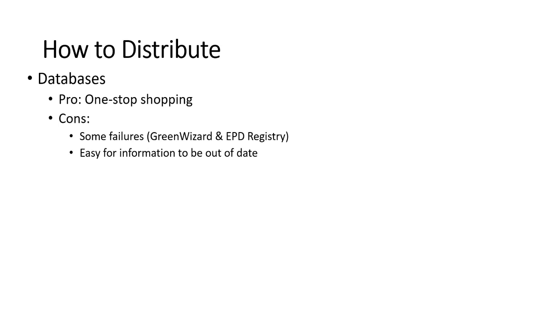Pharos was one of the original progenitors of this idea, and since then several other databases have come out. I think probably the biggest one at this point is UL, who actually bought a company called Green Wizard several years ago, and Green Wizard was one of the first in the industry to realize there's possibly a need to host all of this sustainable design documentation in one place. That business model didn't really work out too well for them, but UL's figured out a way to make it work.